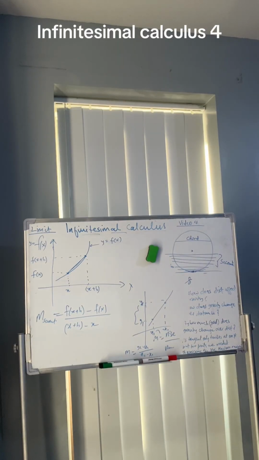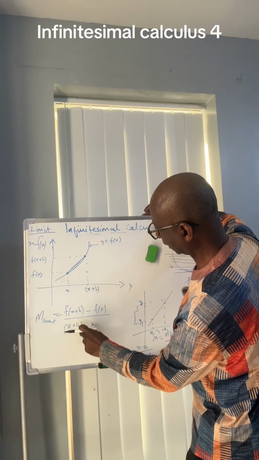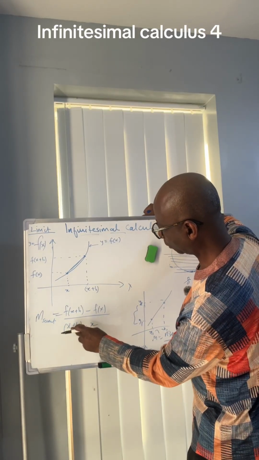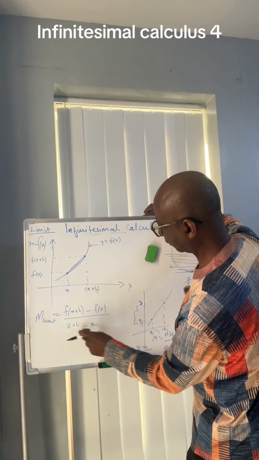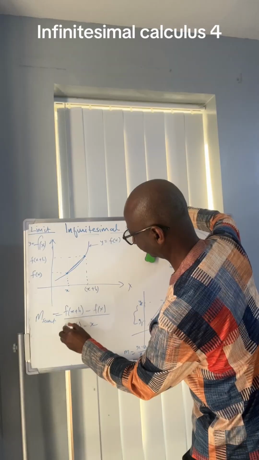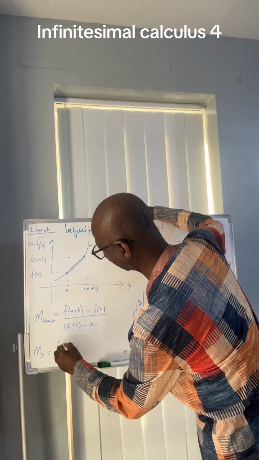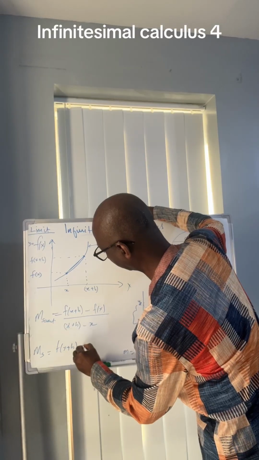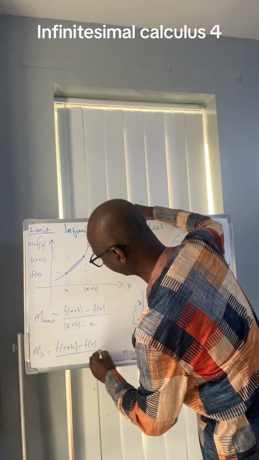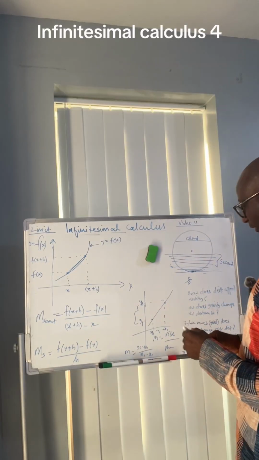If you open these brackets, x minus x cancels, so only h stays at the bottom. So m of s is f of x plus h minus f of x, divided by h.